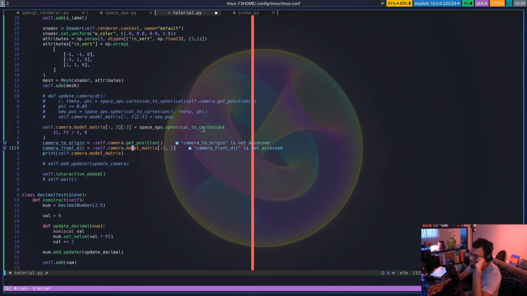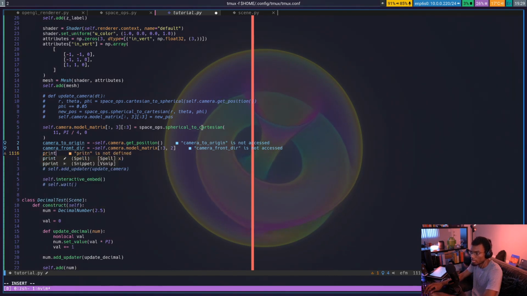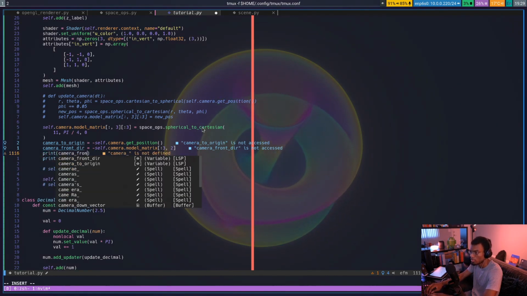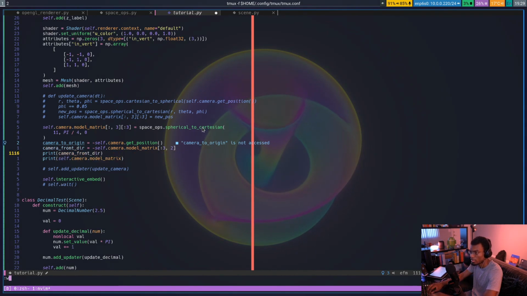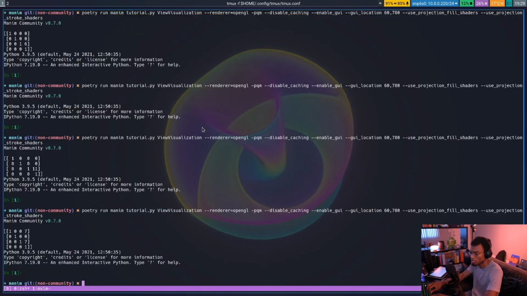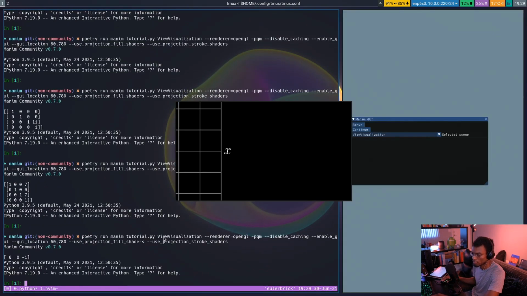Model matrix, rows 0, 1, 2 in the second column. I just print that. This should be just a negative z vector. And it is, I think.